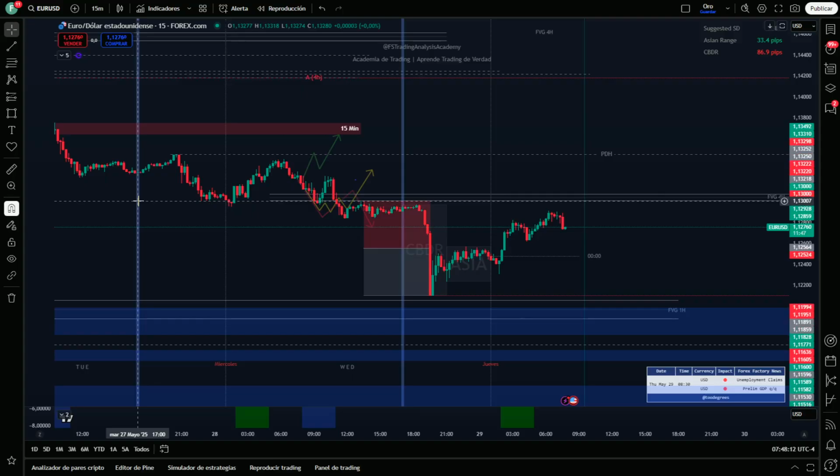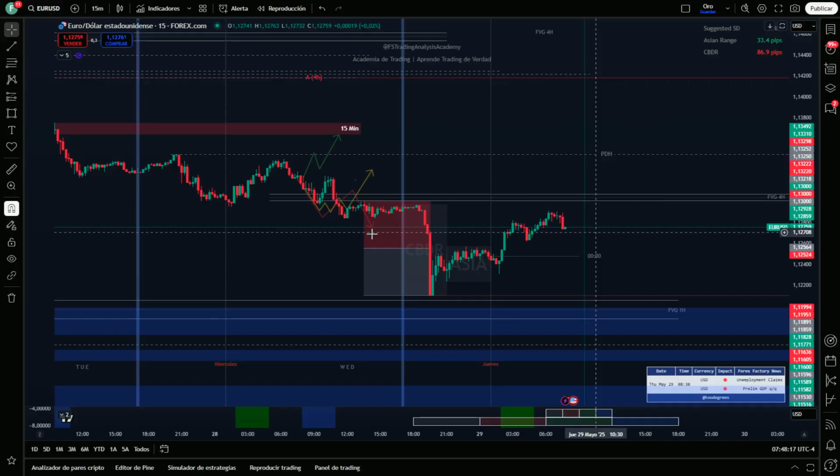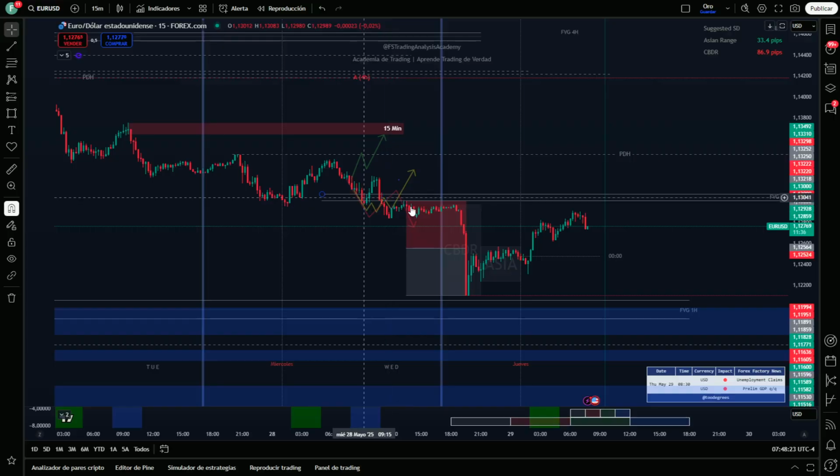First, as with every time frame, we mark our latest structural point, which, as we can see, is formed by this high and this low. If you don't know how to mark the latest structural point, check out our YouTube video titled How to Mark Structure Correctly, where I explain a very simple method. I highly recommend watching it, as we can see here the latest structural point is the same as on the 1-hour time frame.